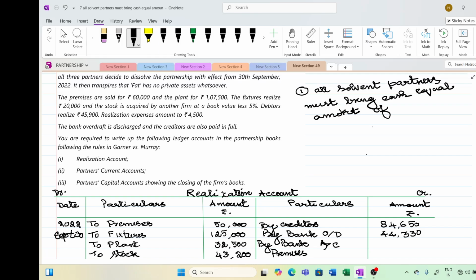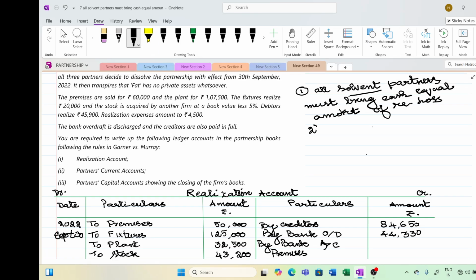Here, solvent partner means a partner may have a debit balance, but he may be solvent. He may be having private property. So he may be able to bring money from his home. So all the solvent partners must bring an equal amount of realization loss first.